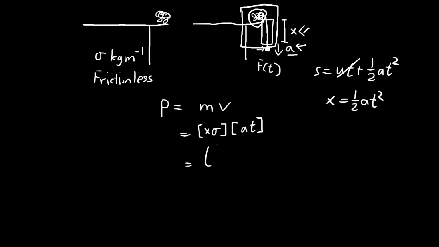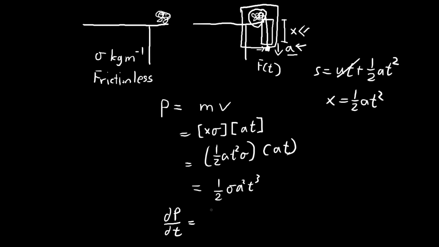And just substituting that in, we have an expression in terms of time that gives us the momentum of the entire system, 1/2 sigma a squared t cubed. So taking the derivative with respect to time, on the right hand side we get 3/2 sigma a squared t squared. So why did we take the derivative? Because the change in momentum with respect to time is equal to the net force acting upon the entire system.